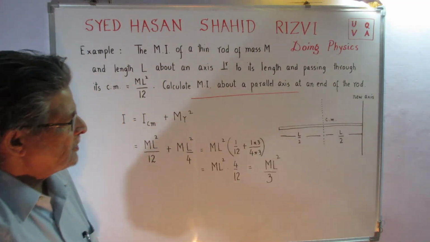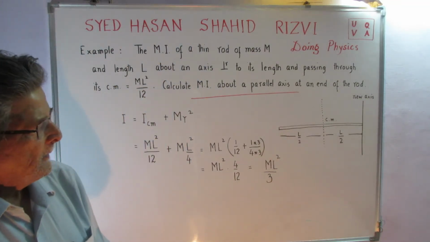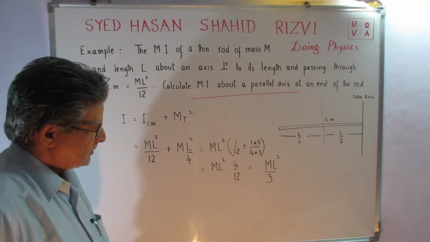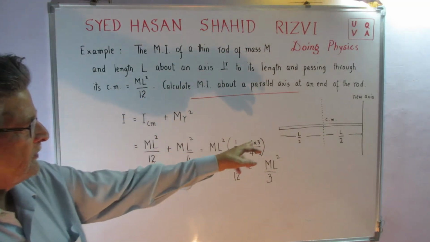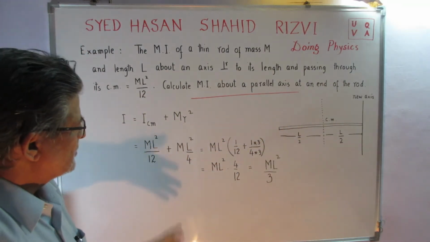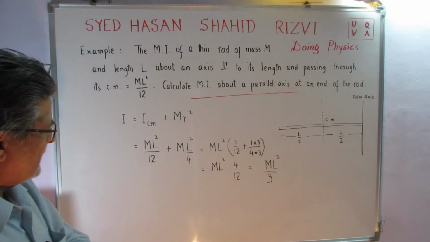From first principles we took a small mass of length dx, multiplied it with mass per unit length and then integrated it from minus L by 2 to L by 2, and we found that it is equal to ml square by 12.